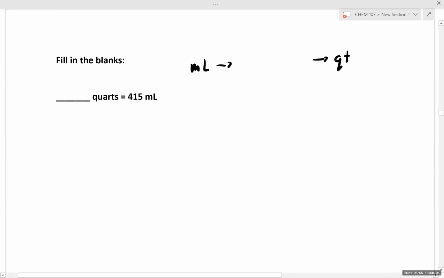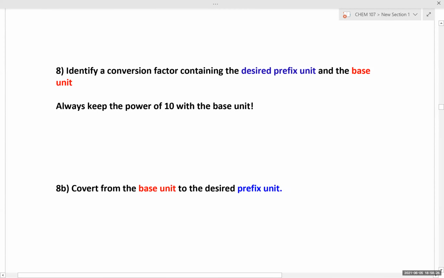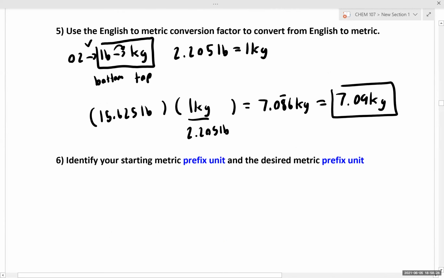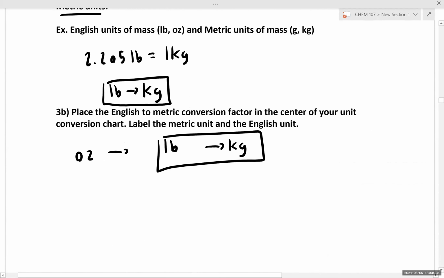Okay, so with that in mind, we have to find a bridge, an English to metric conversion factor that gets us from metric units to English units. And we know that if we go all the way back to our table, which is really what you should be referencing throughout this process.